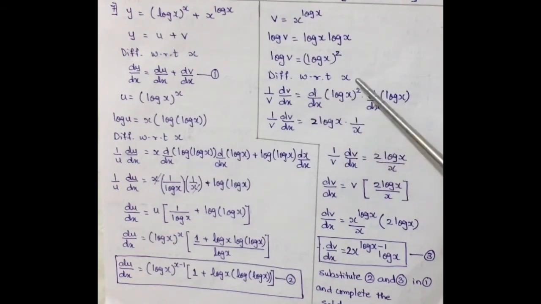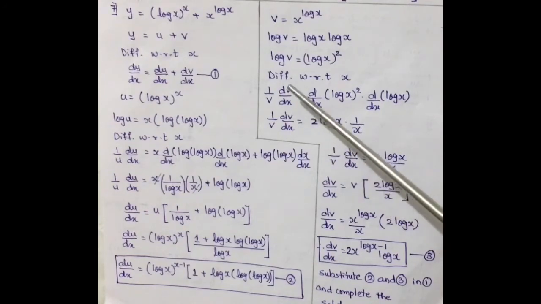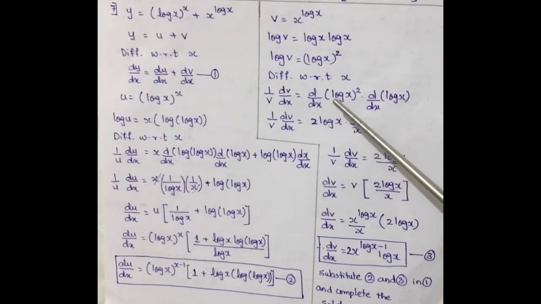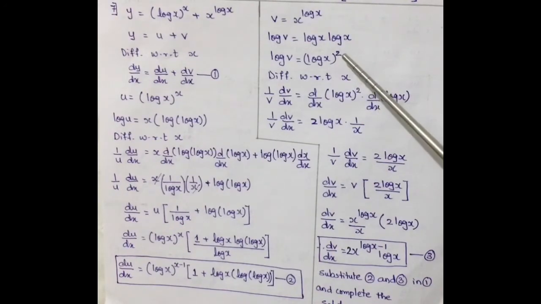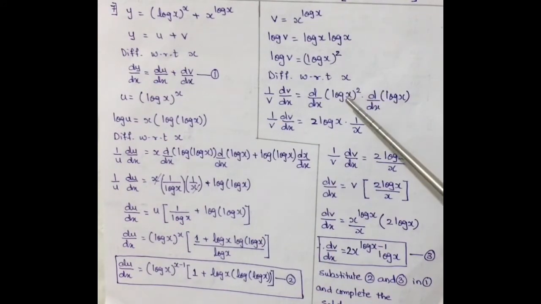Now differentiating with respect to x, we'll get here log v derivative as 1 upon v dv by dx is equal to, when we are differentiating log x whole square, we'll make use of the chain rule here. First will be the derivative of square, that is 2, and then the derivative of log x. That means first we have to calculate the derivative of power, that is 2, and then the derivative of log x.